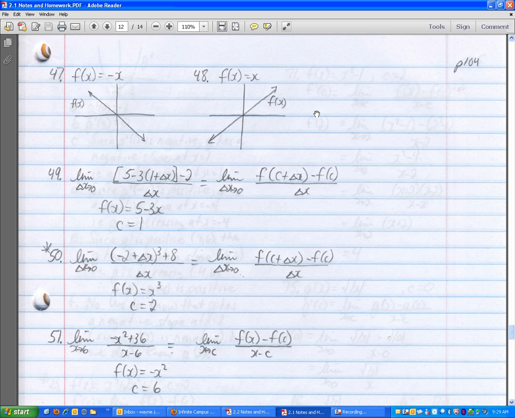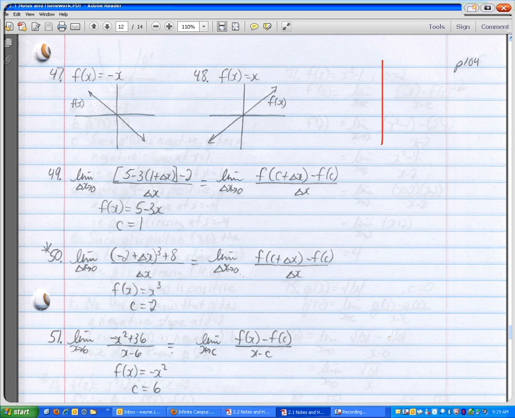As long as I draw a function that's always decreasing, it's not a line anymore, it's a curve. If I draw a tangent line right there, its slope is negative. Right there, its slope is negative.